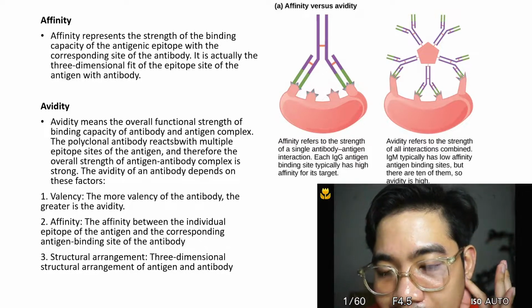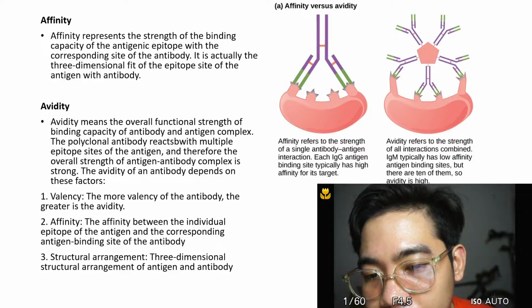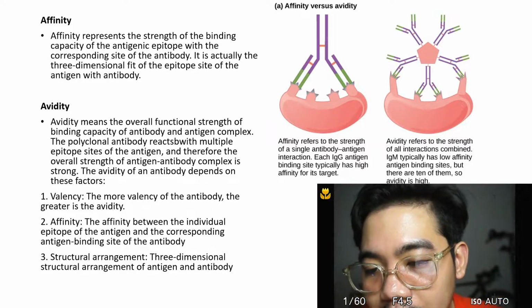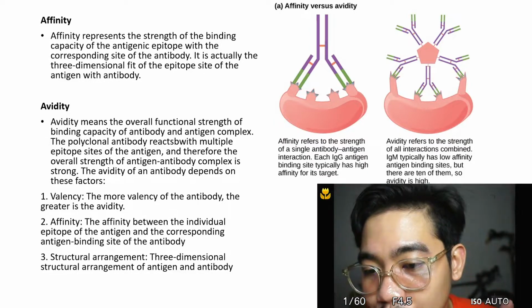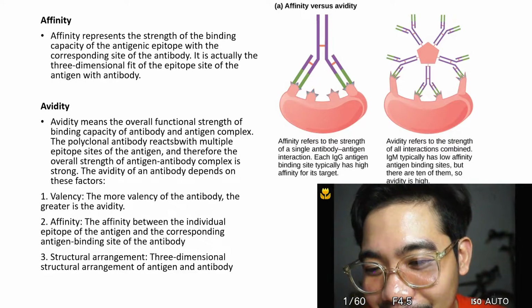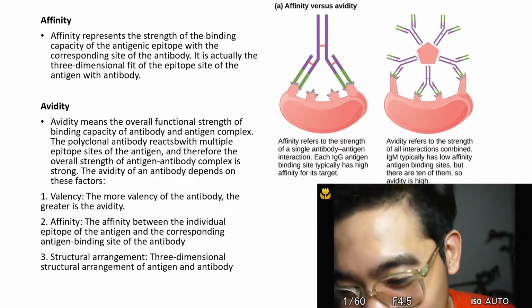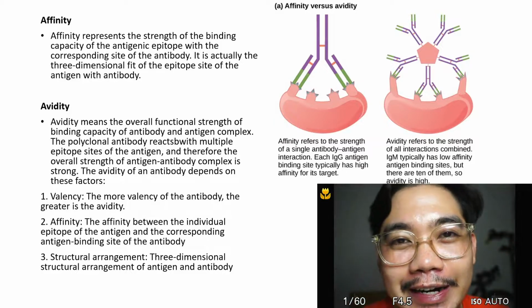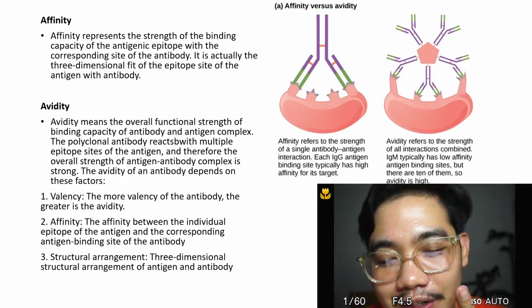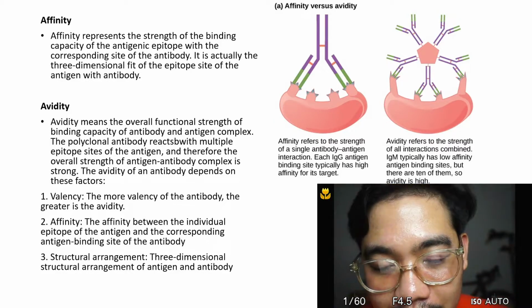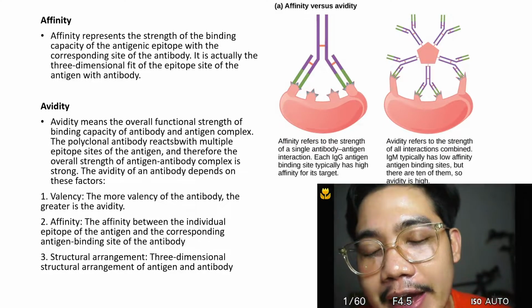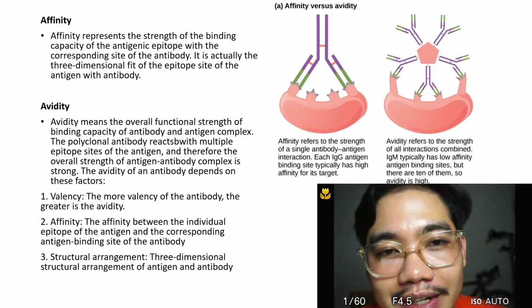Because not all the sites of your IgM will attach to the antigen. Of course it has many sites, but not all of them will attach. You get it? But overall, more of its sites will attach versus your IgG, which has only two sites. So most probably, since there are only two, they will all attach. That's why it's a high affinity, meaning all of the binding sites will be used up.